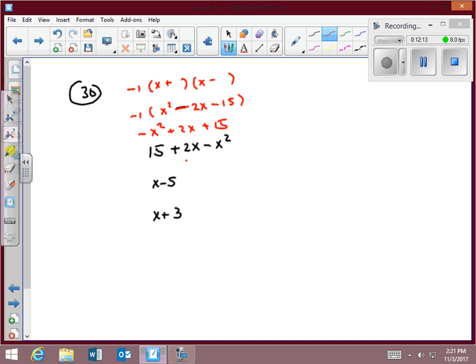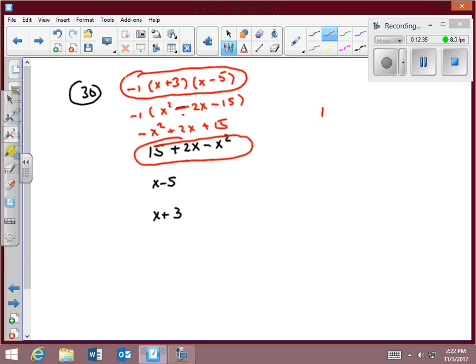Now, what has to be negative, the 5 or the 3? The larger number, right? That's 5. It has to be negative. Now then, this is the prime factorization of this term right here.